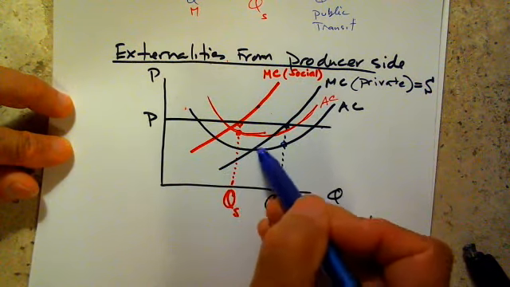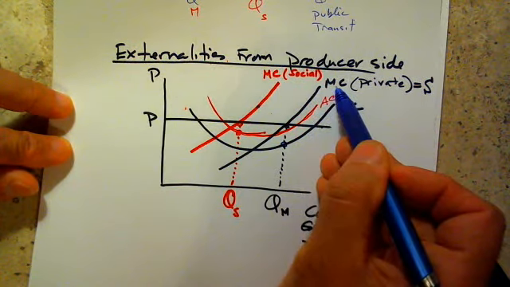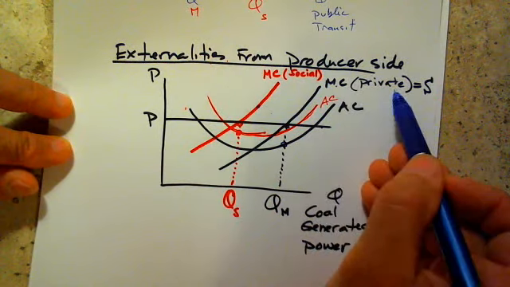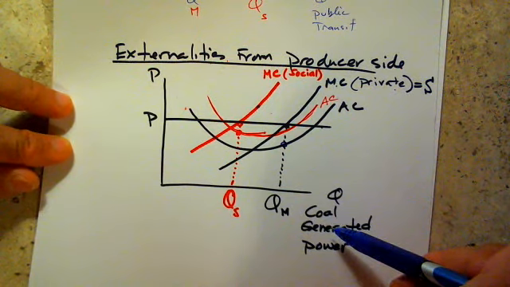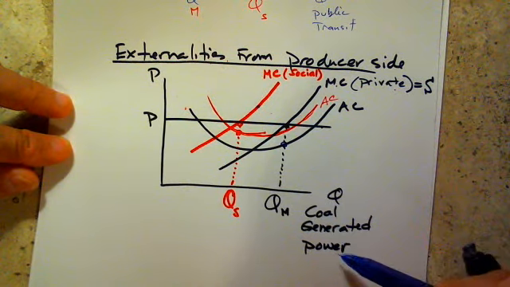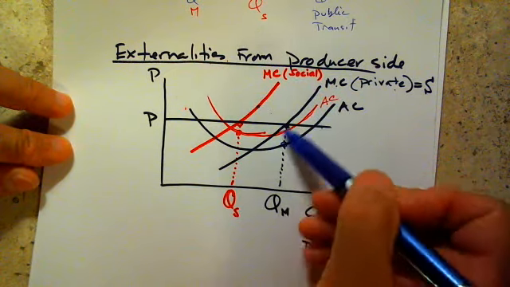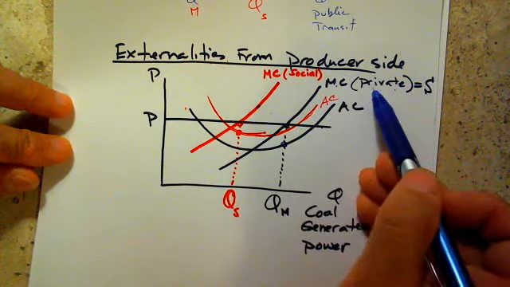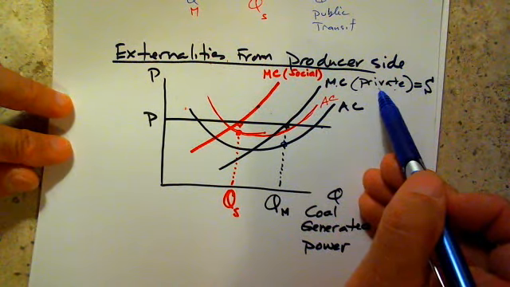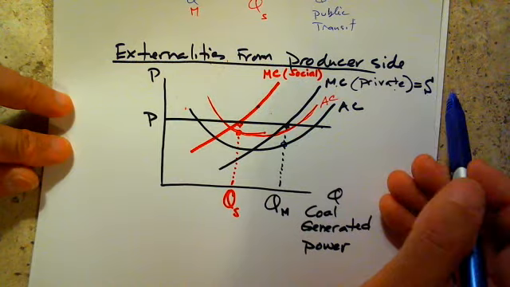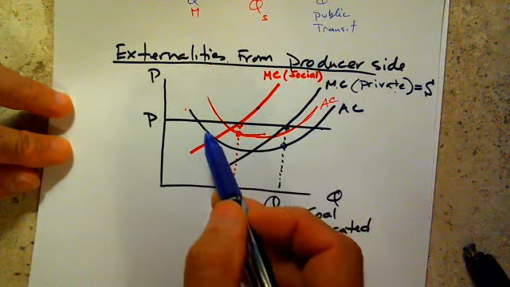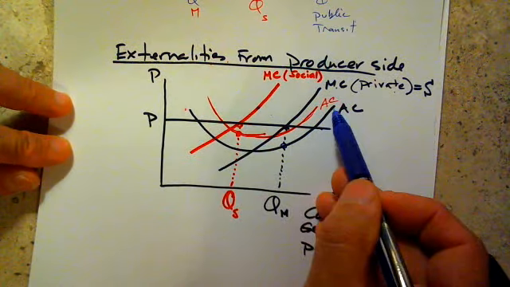Here we have marginal cost at the private level, meaning that the power plant incurs expenses for labor, material, and other resources to generate the power from coal, and they have a cost structure. On the private side, all the expenses that they write a check for represent also their supply curve. So they have also an average cost curve.